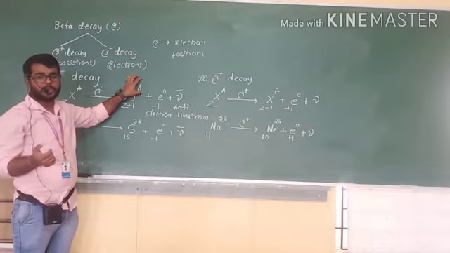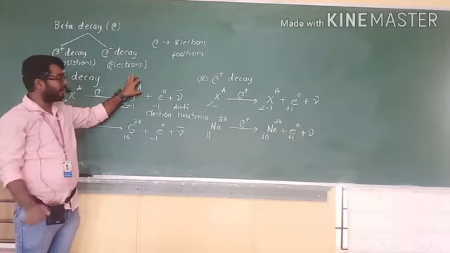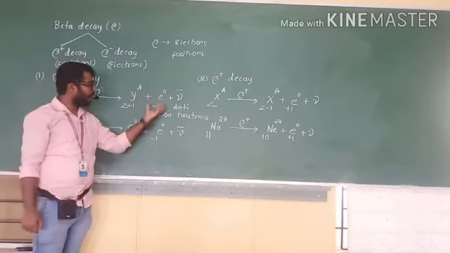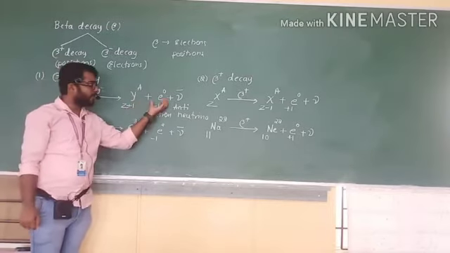This is called the Soddy-Fajans law. Like in alpha decay, we apply the same rule here. Along with this electron, one more particle, the anti-neutrino, is emitted, and it has negligible mass compared to the electron.